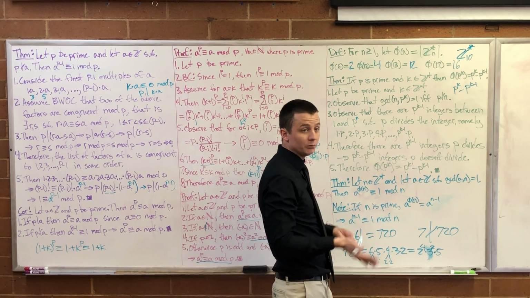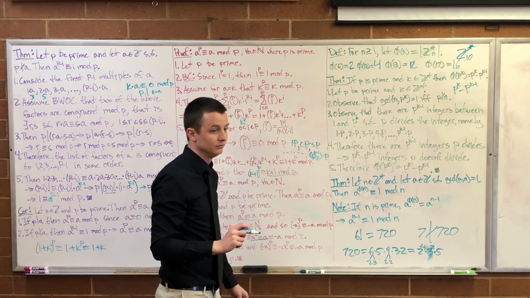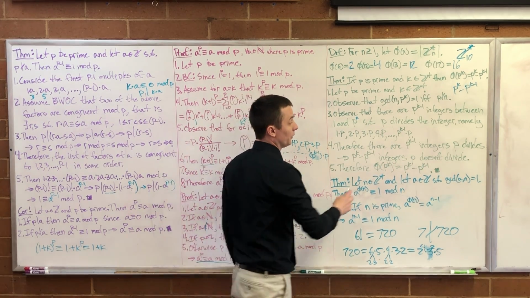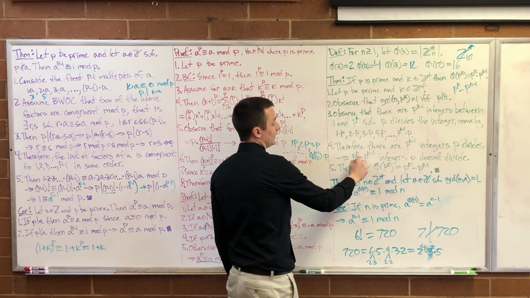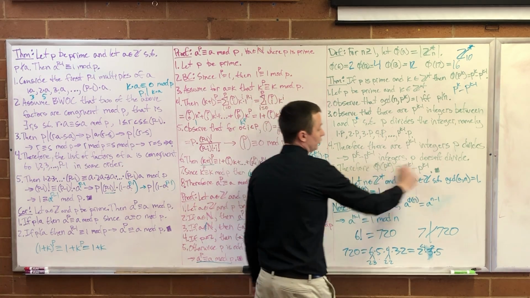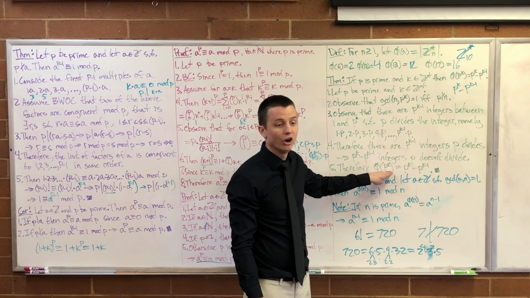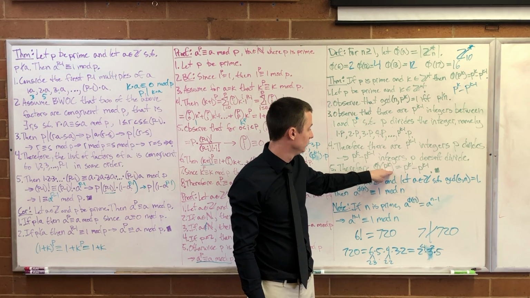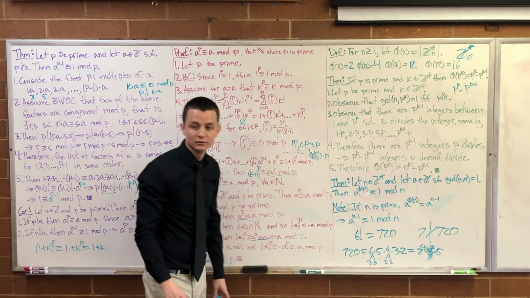All the multiples of p between those are going to be all the numbers between those that p divides, right? Therefore, there are p to the k minus 1 integers p divides, which means that there are p to the k minus p to the k minus 1 integers p does not divide. Therefore, all the numbers relatively prime with this number, from 1 to this number, there's that many of them.